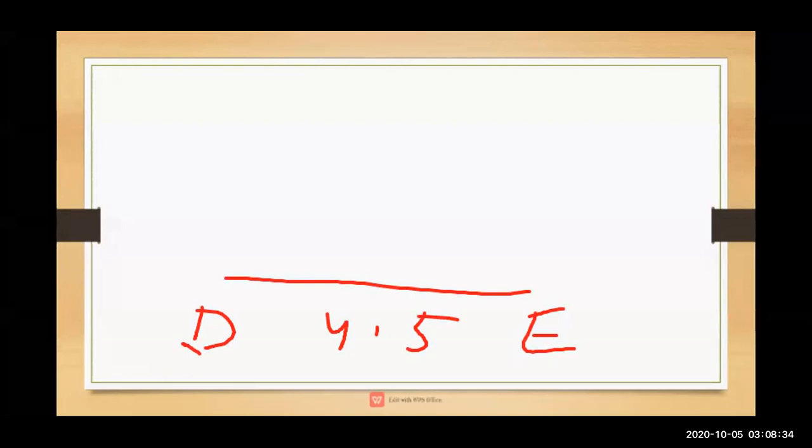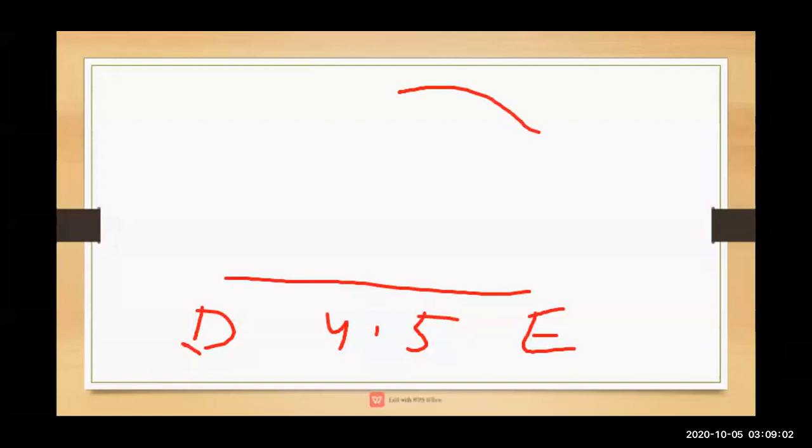Now with D, what you are going to do? You are going to take 7.2 centimeter in your compass, and keeping it on D you will make an arc. See, placing it on D, you only have to draw an arc of 7.2 centimeter. Then what next? Next, with E as a center, you will draw an arc of 6.5 centimeter.